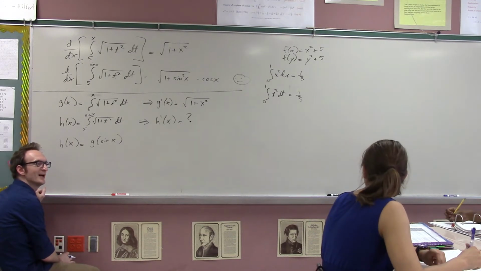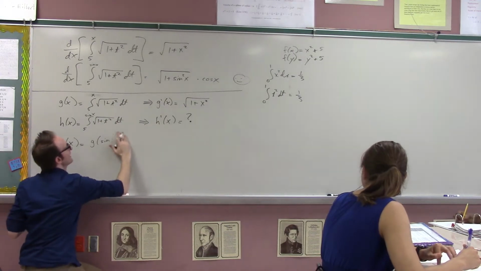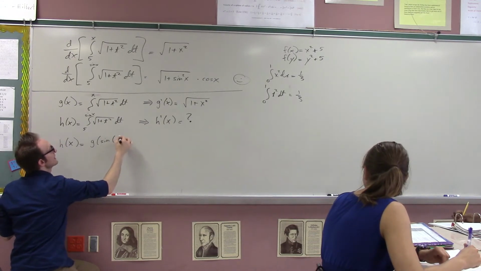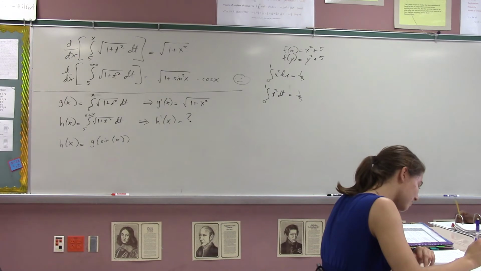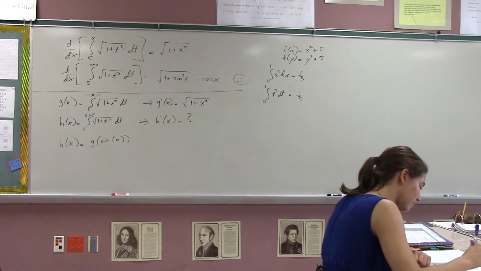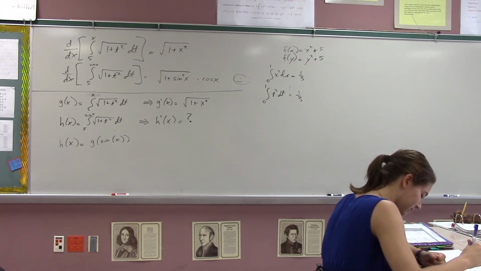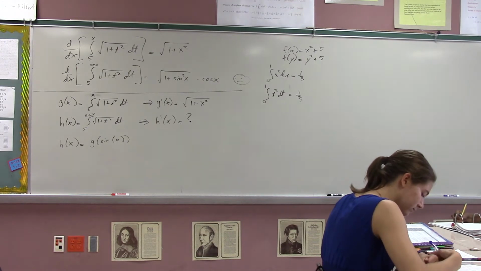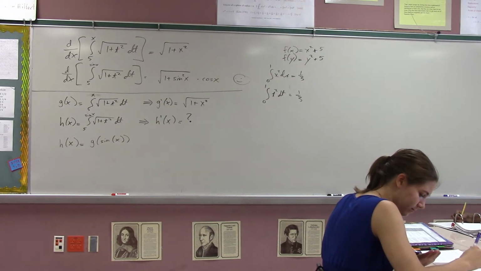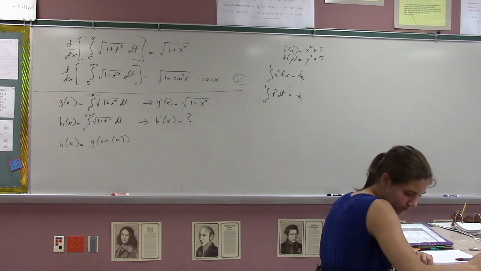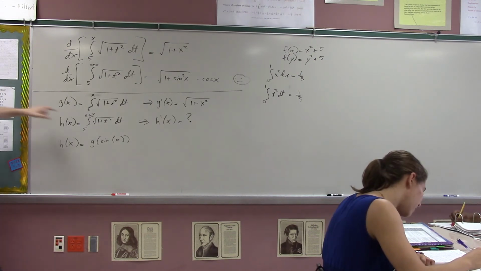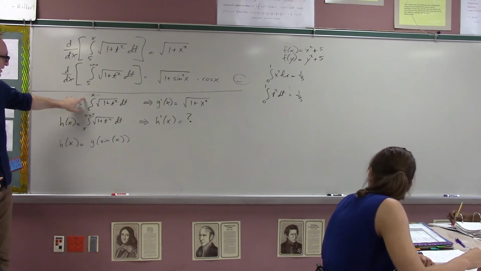Does that help at all? The whole reason for doing this is to make it more obviously a situation in which you have to use the chain rule, right? By temporarily defining the function g and the function h, we can see h for what it is, which is the composition of the g function and the sine function.